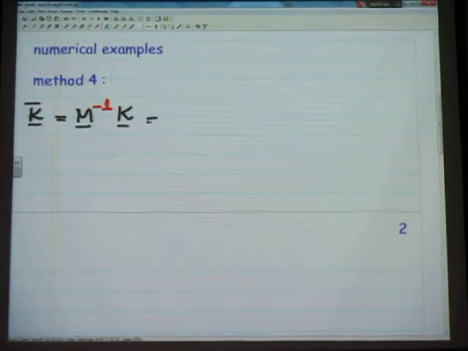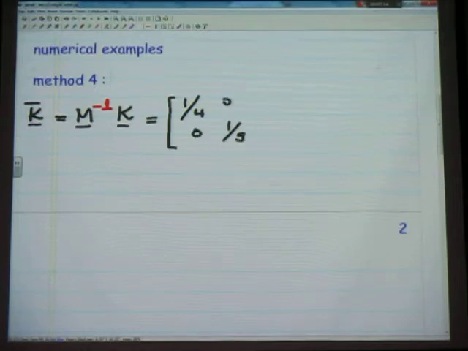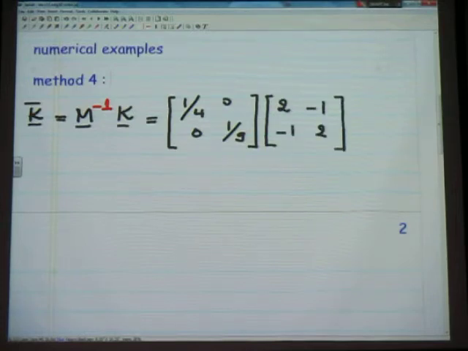Recall that M is diag(4, 9), so M inverse is diag(1/4, 1/9). You just need to invert the diagonal coefficients, and K is the famous matrix that I have used many times already.